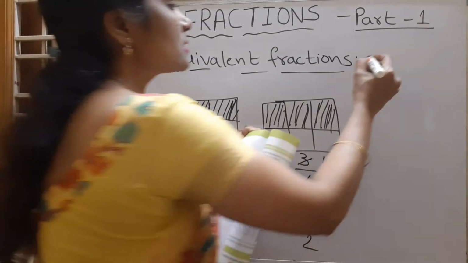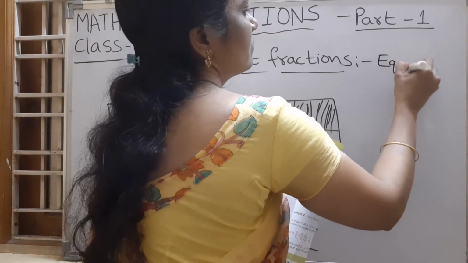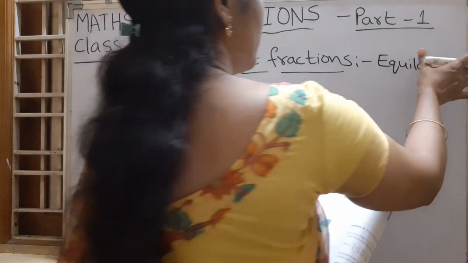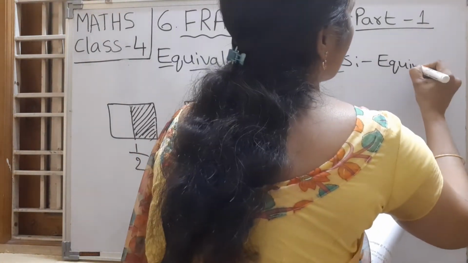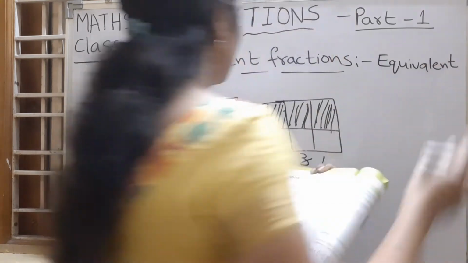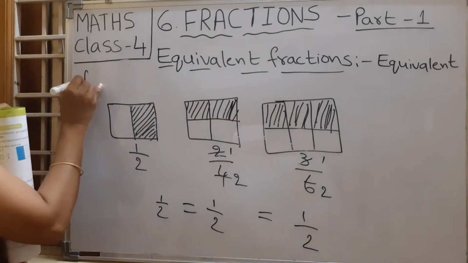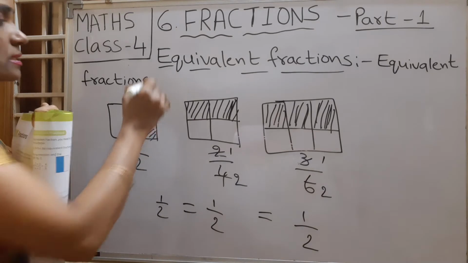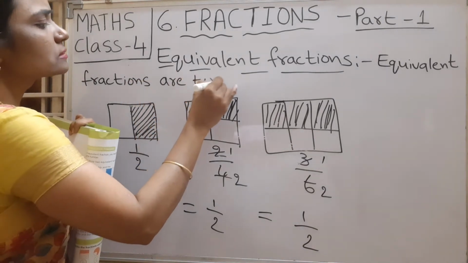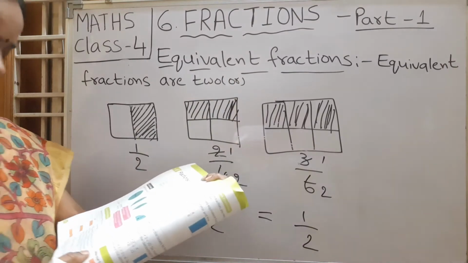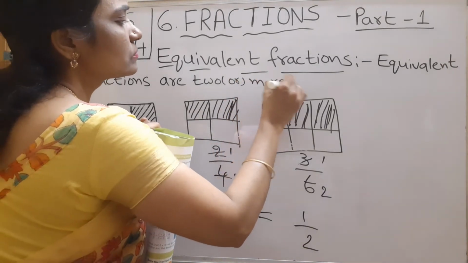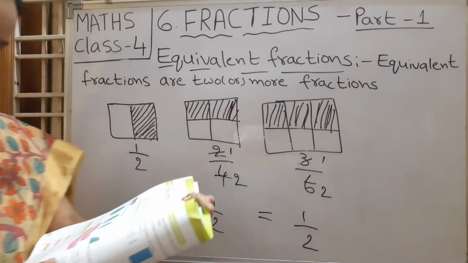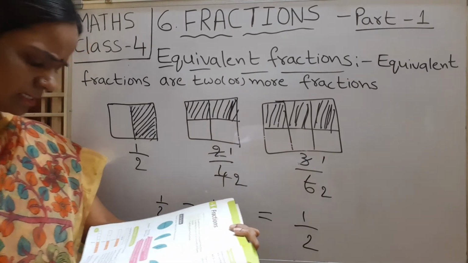Equivalent fractions are two or more fractions which have the same value.